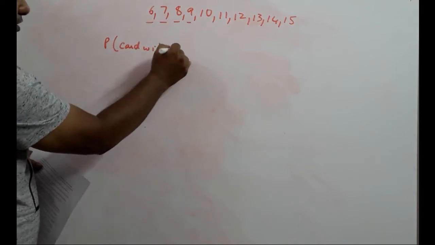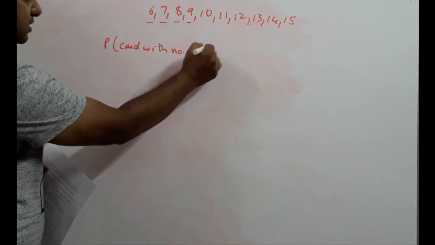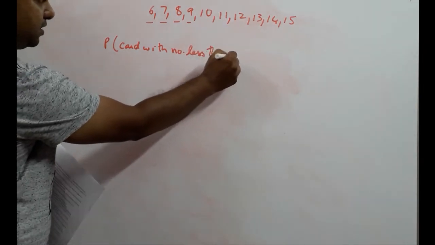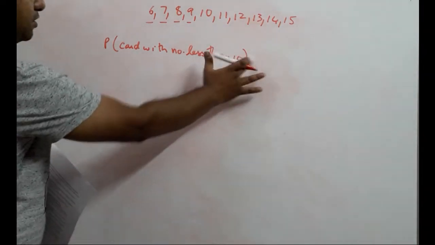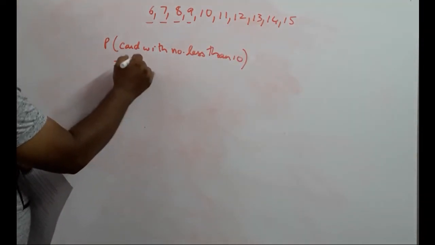So probability of getting a card with number less than 10 will be equal to what?